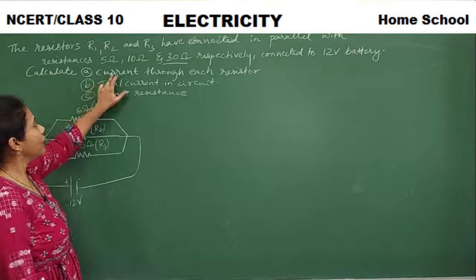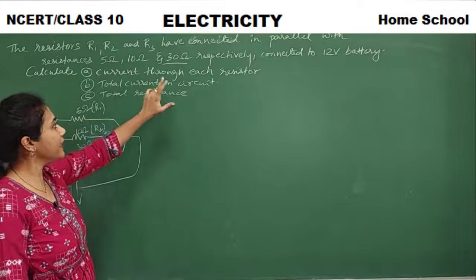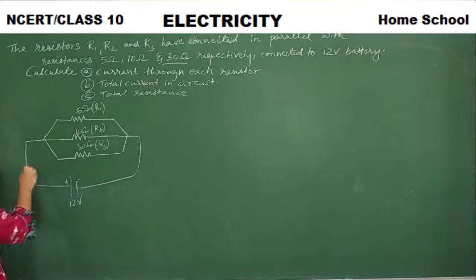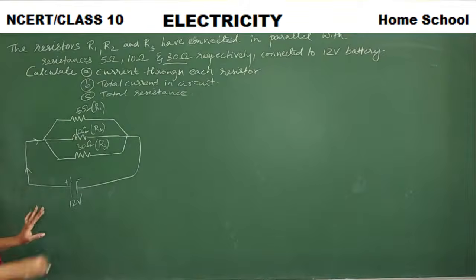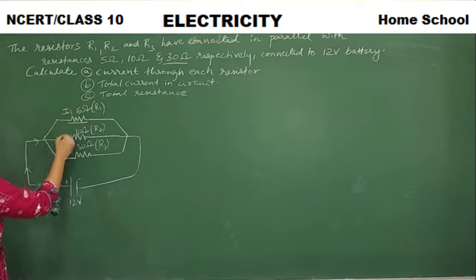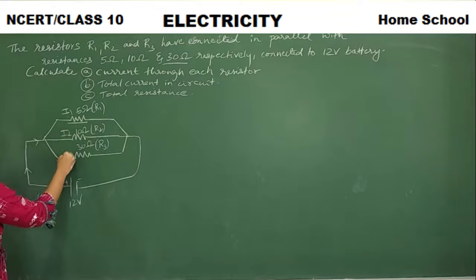What you have to calculate is the current through each resistor. We all know the current is not constant here; it is getting distributed. Let the current flowing through this resistor be I1, here I2 and here I3.